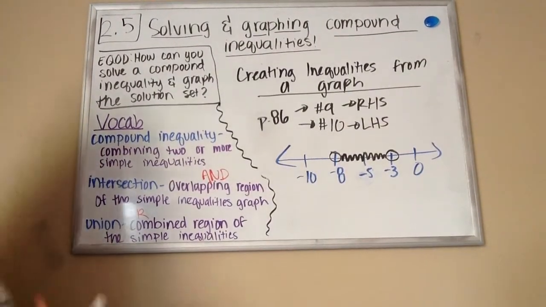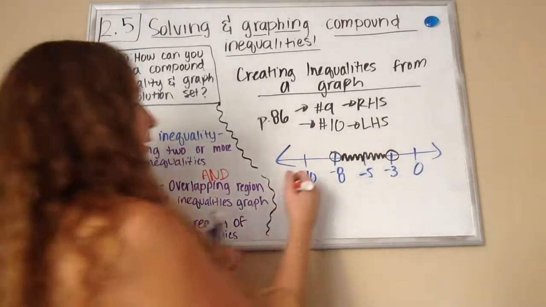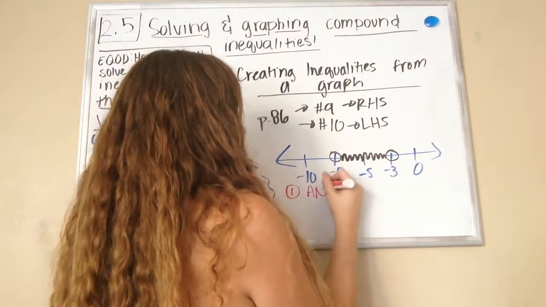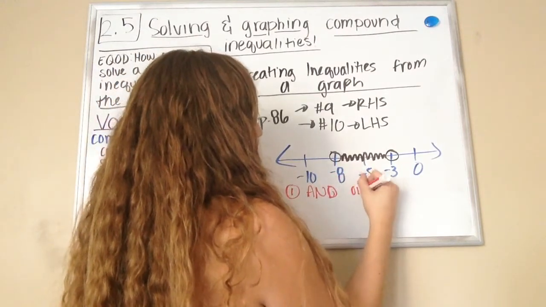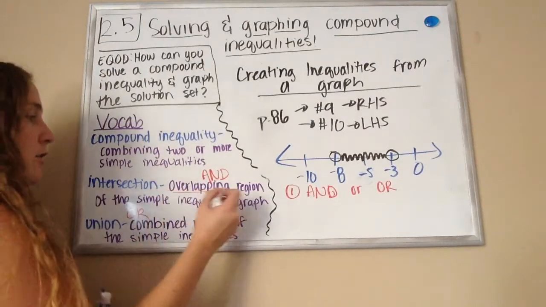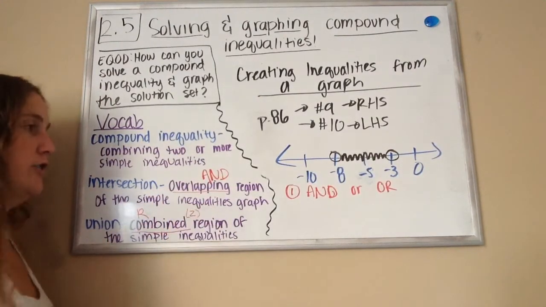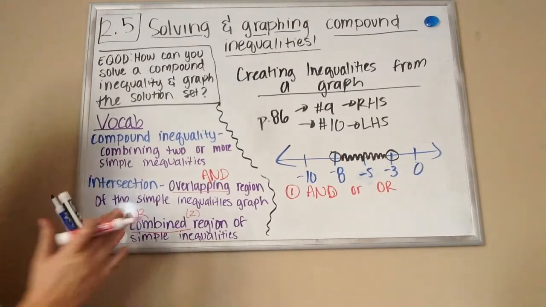And we're trying to write some sort of inequality. The very first thing we need to decide is whether it is an and or an or. So is it an overlapping region or is it a combined region, meaning there are 2 sections? Well, there's only one section.